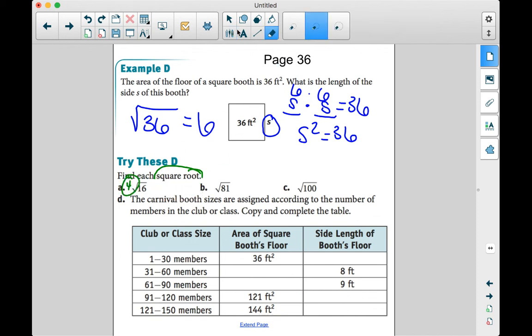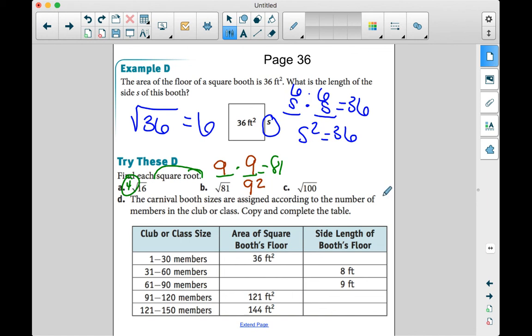Same here. What times what equals 81? Well, what number goes in there? Look at your multiplication chart. It should be 9. 9 times 9 equals 81. So the square root of 81 is 9.